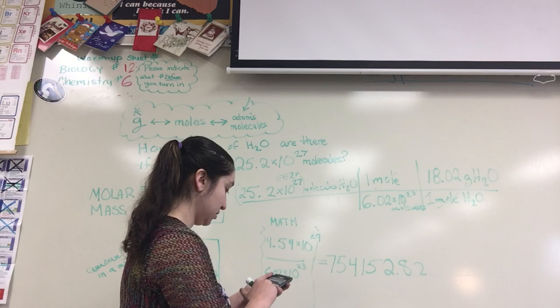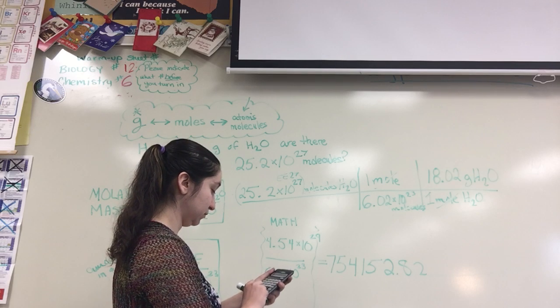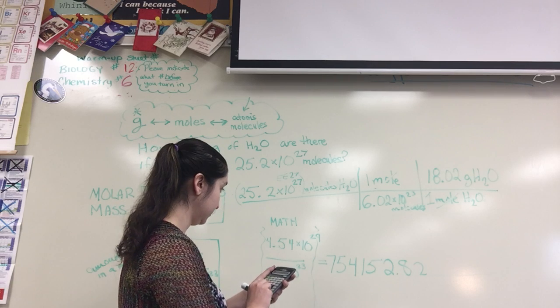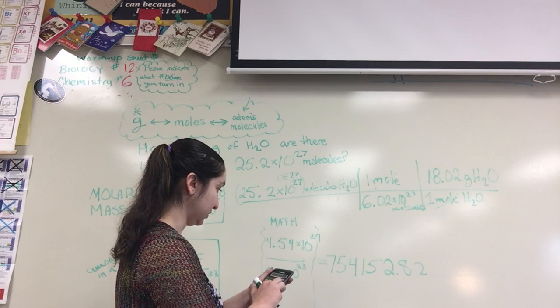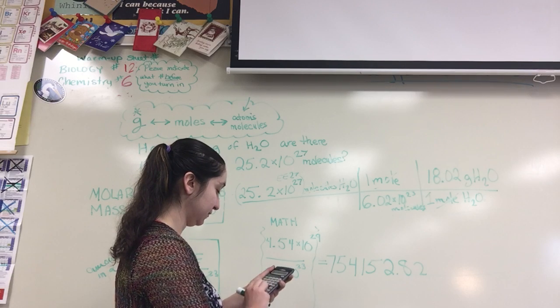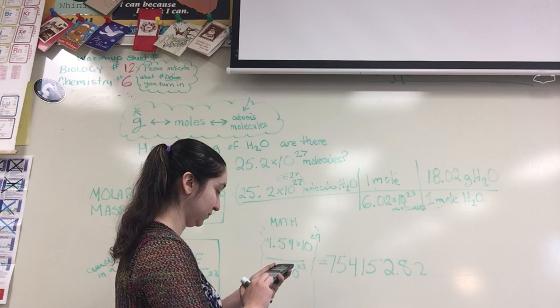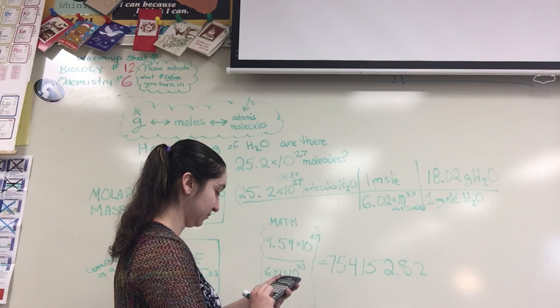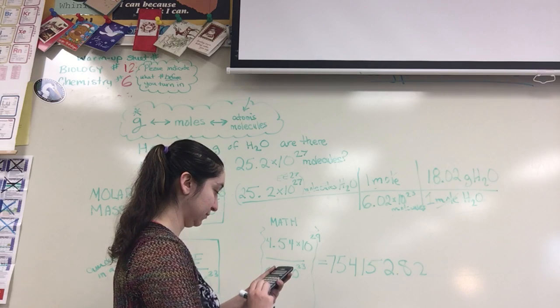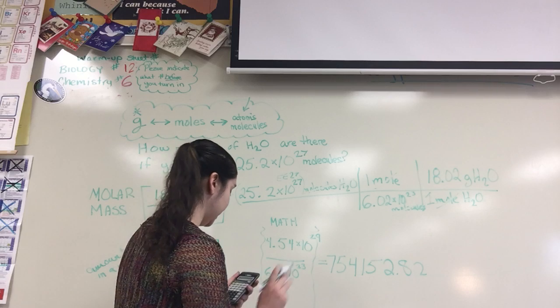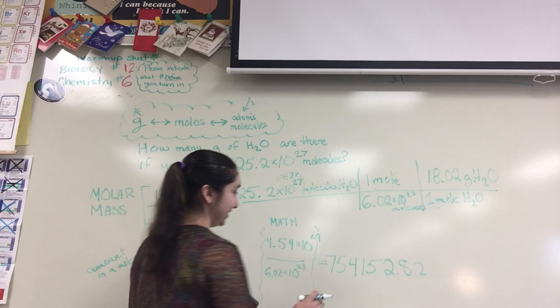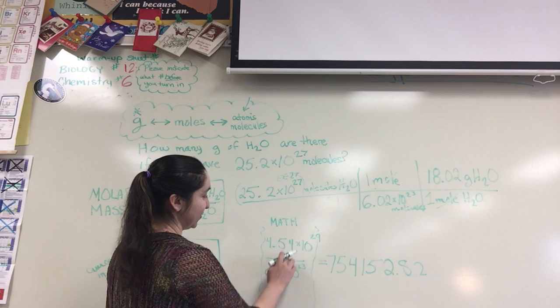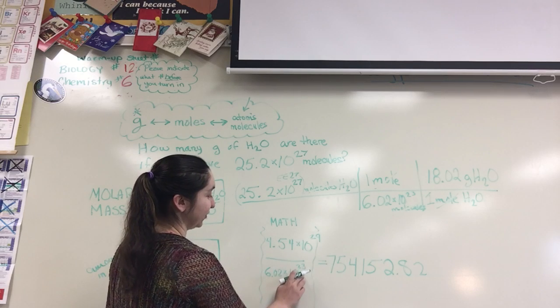Let's make sure. It's divided. That's not right. Okay. Yeah, I was looking at that and going, you're dividing, but I multiplied. So I'm looking at this going, okay, you've got a big exponent over a little one.